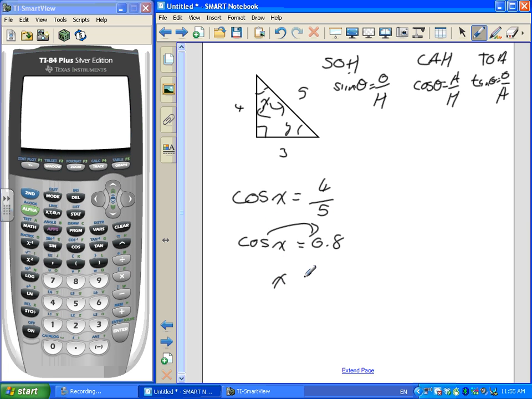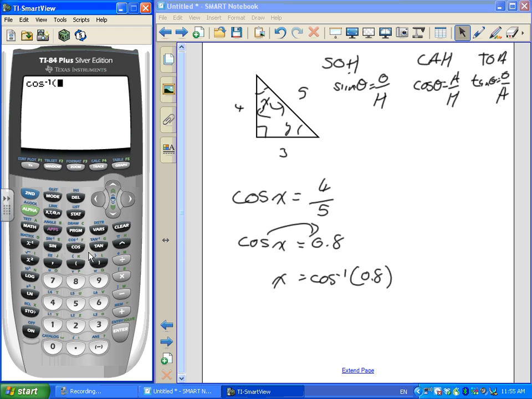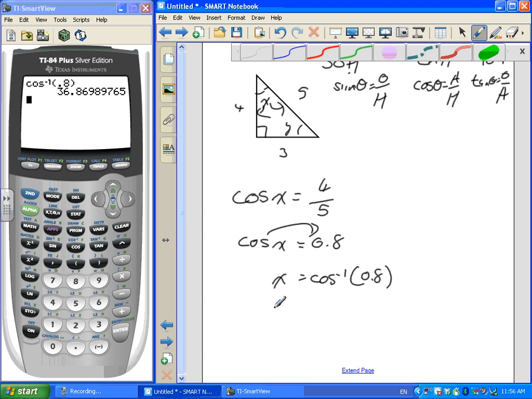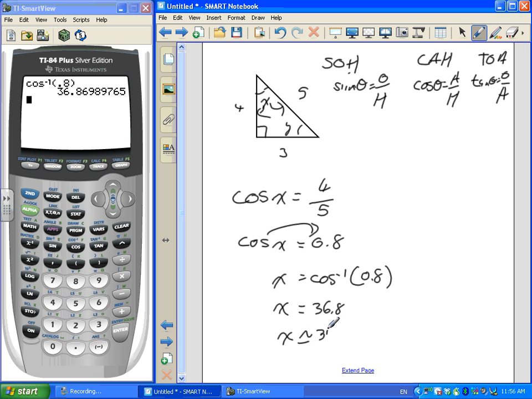So when I bring it over, I get cos inverse of 0.8. We plug that in, second function, cos 0.8. X is equal to 36.8. And if you round it, X is approximately 37 degrees. So we know that this angle is 37 degrees.